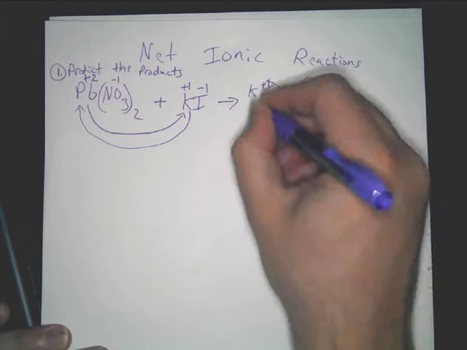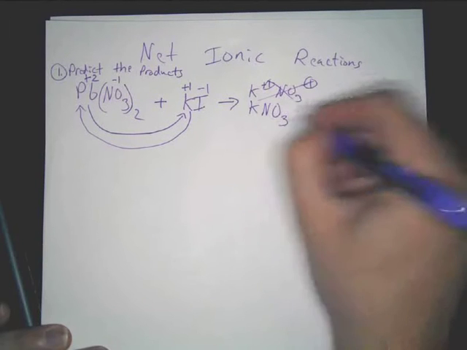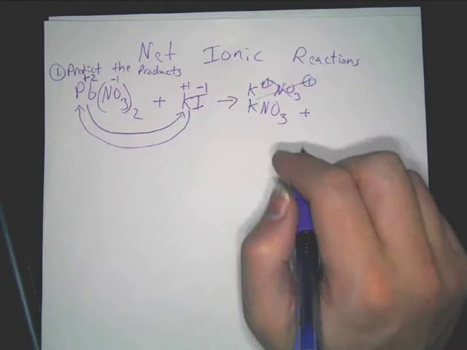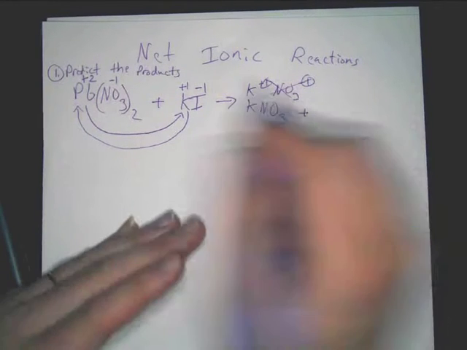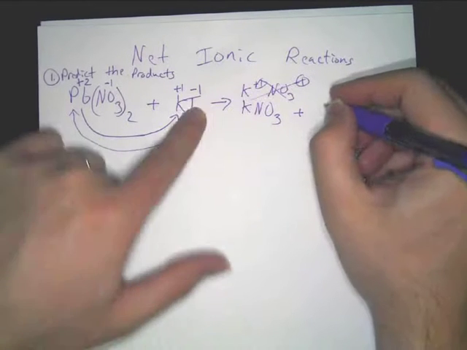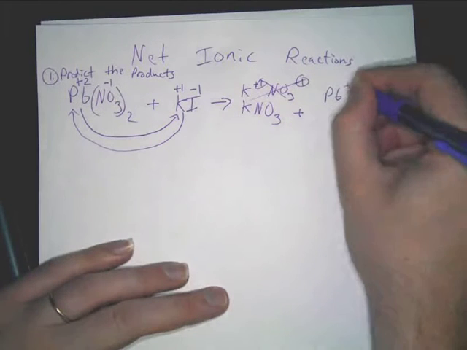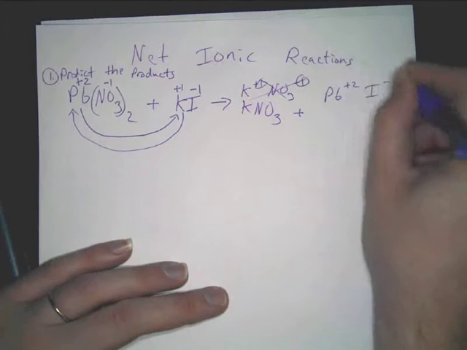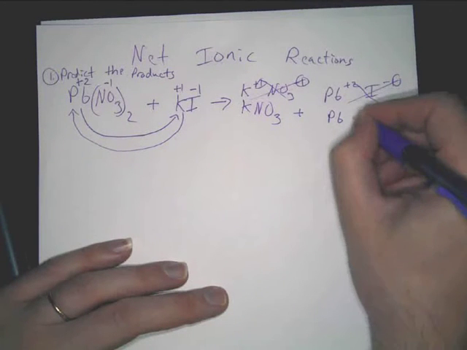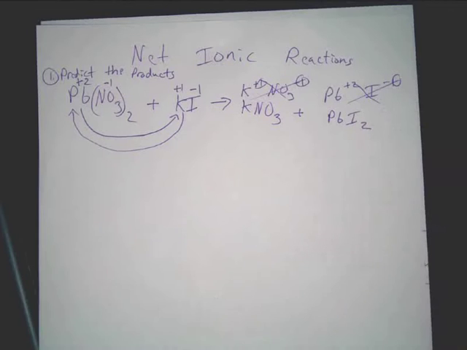You crisscross them, you end up with KNO3. Remember, the charges go away once you balance it. You rewrite it. Now, the next thing will be Pb and I. Pb is +2, I is -1. Crisscross, so PbI2.